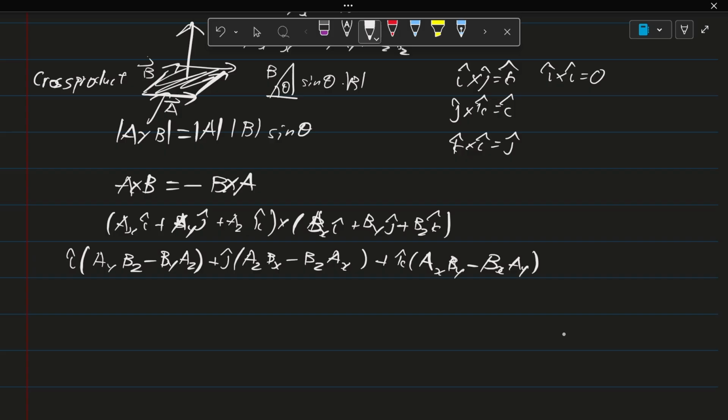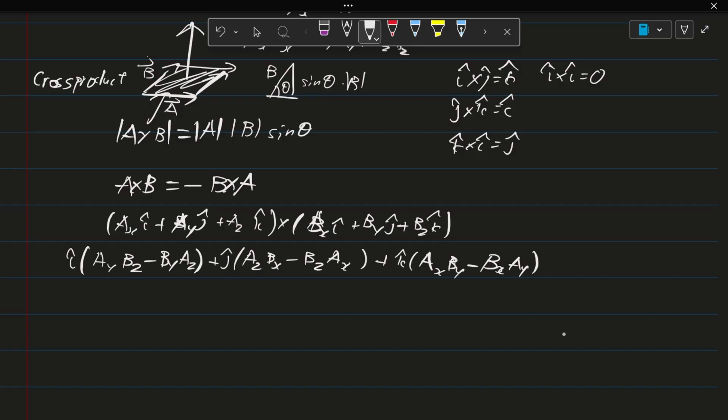So you could see that this is very tedious. And so later on, I will be introducing a method for you to determine the cross product from matrices, which I will do on the next video.